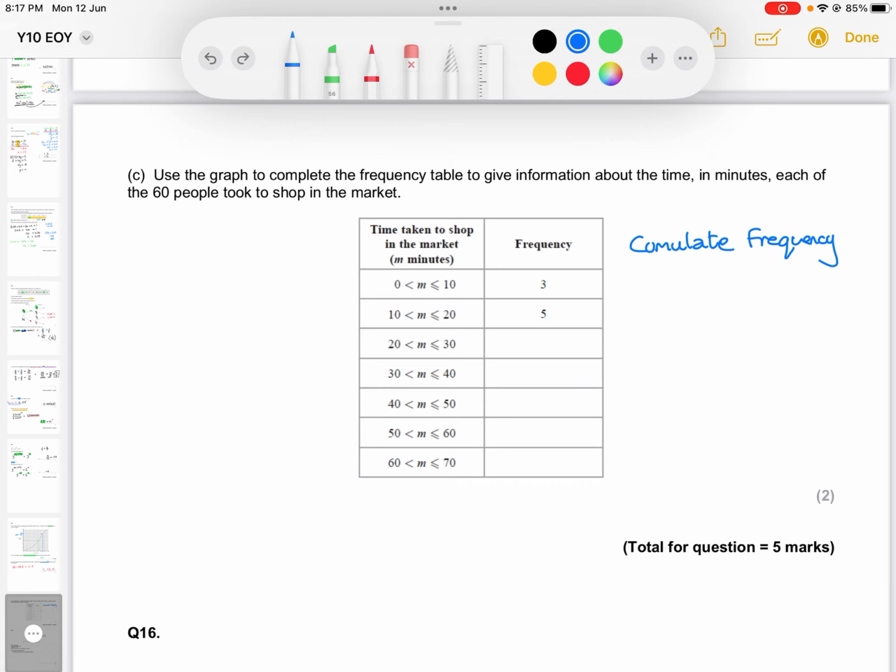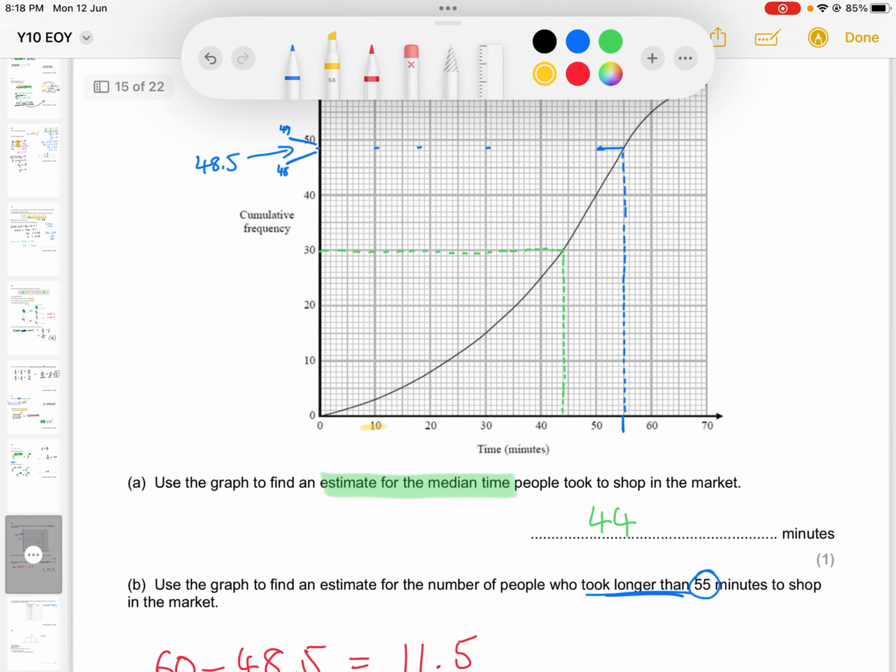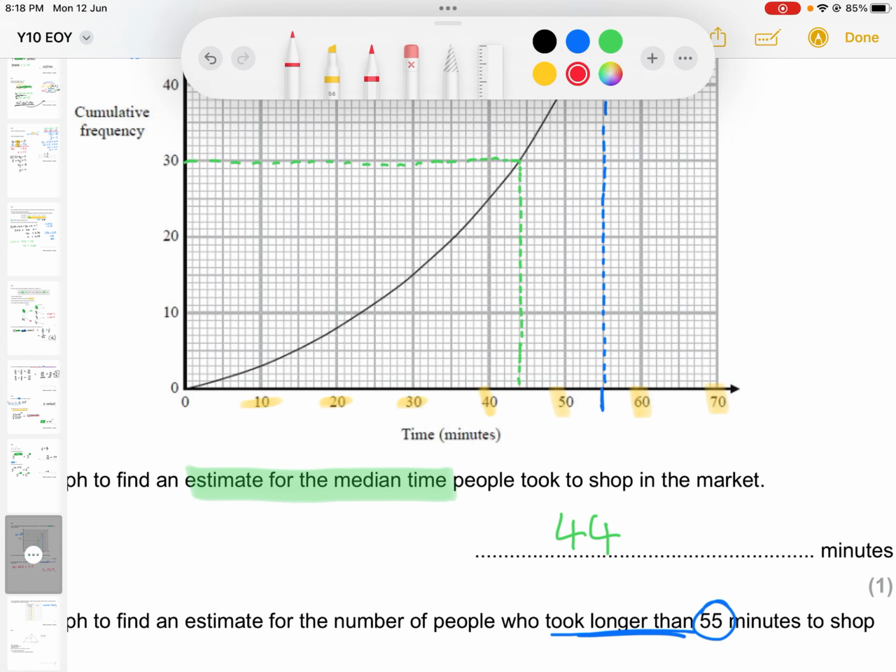So we're looking for the number of people for each of the following numbers of minutes that I'm highlighting there in yellow. So we are going to go up the graph and go along for each of those tens. Now when I do that, given that this takes a little bit to do, the numbers should be quite nice.